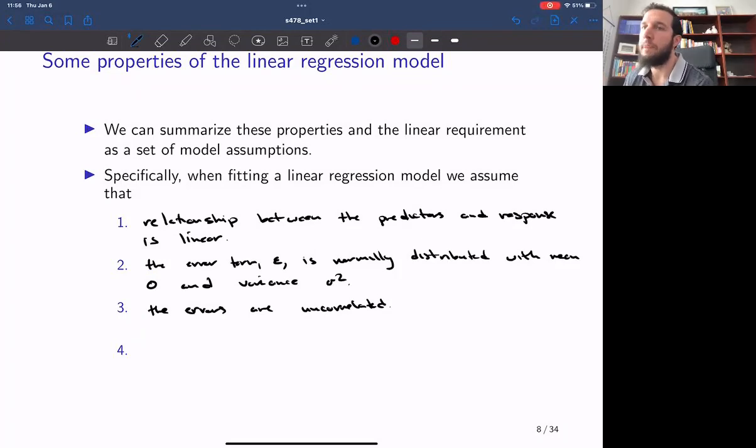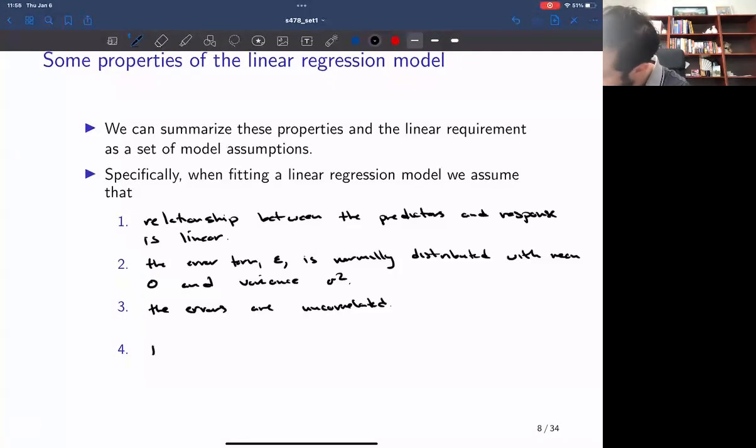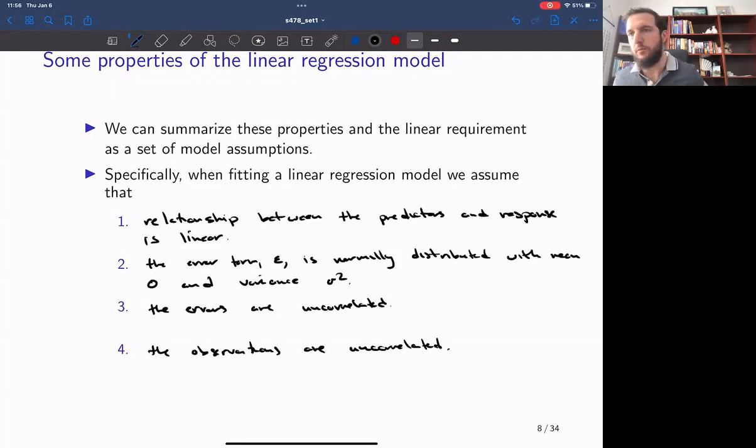And we need to deal with said multicollinearity, typically through variable selection and removing highly correlated variables from the model. Okay, and then the last assumption, which follows directly from the third assumption, is that the observations are uncorrelated. This is really the same thing as the error terms being uncorrelated, in terms of how we would deal with it.